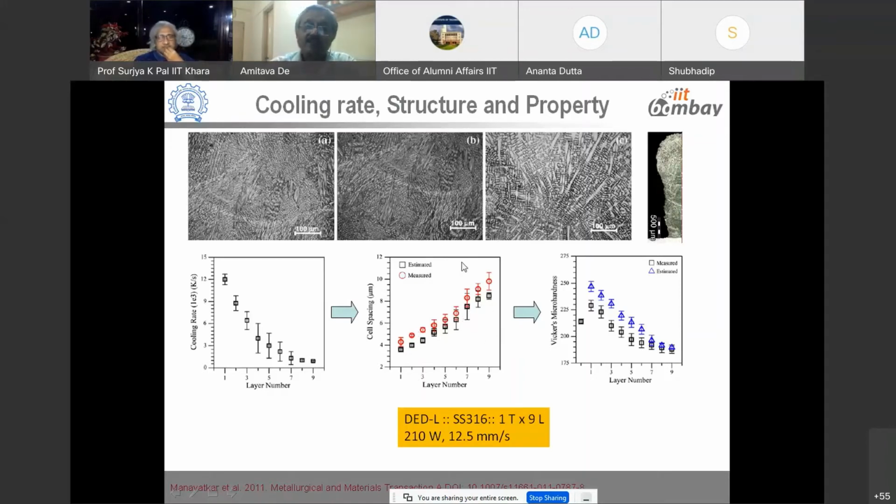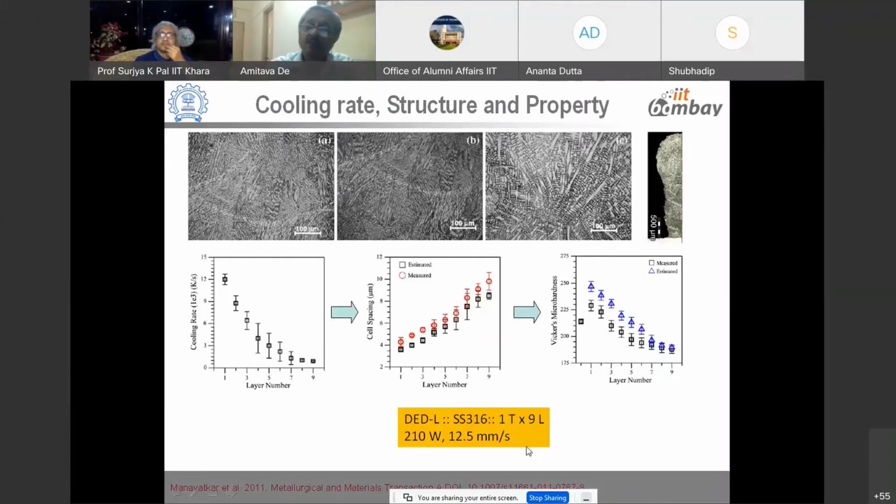Once such features of solidification can be estimated, they can also be correlated towards the final or expected properties of different layers. So somewhat we are able to get a kind of total picture: if we try to create a part using a process, what would be the temperature field, what would be the cooling rate, what is the estimated structure, what would be the estimated property and layer-wise variation.